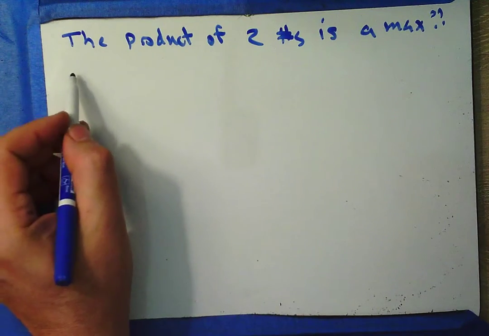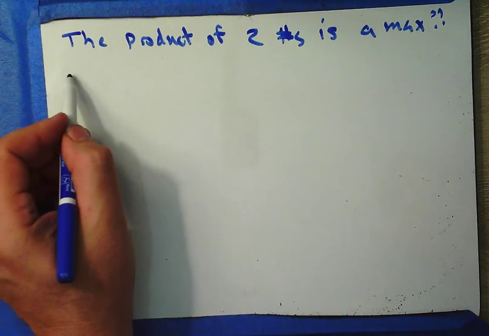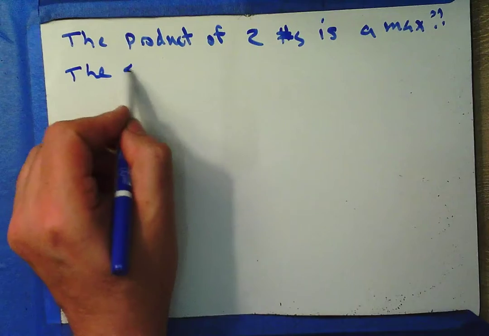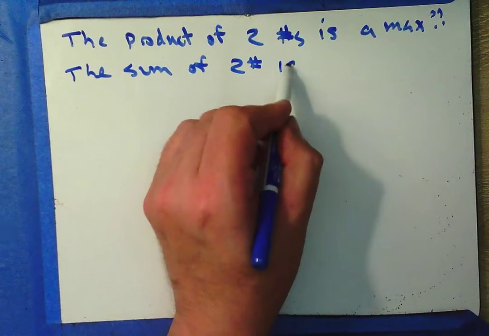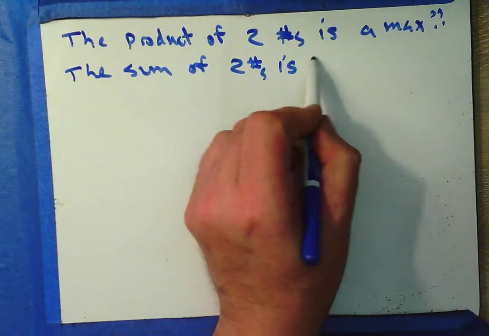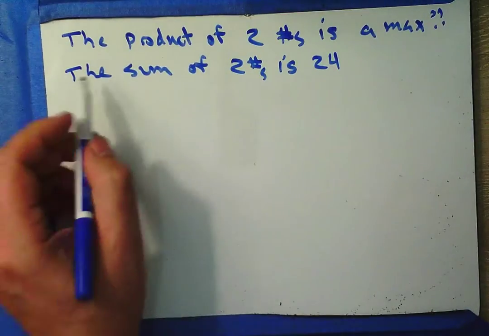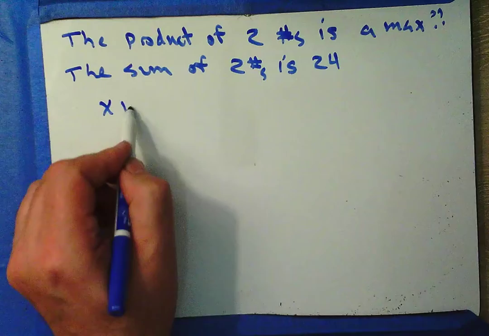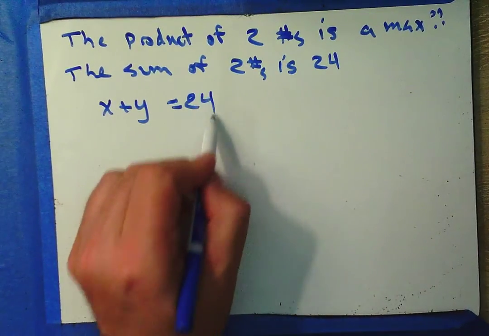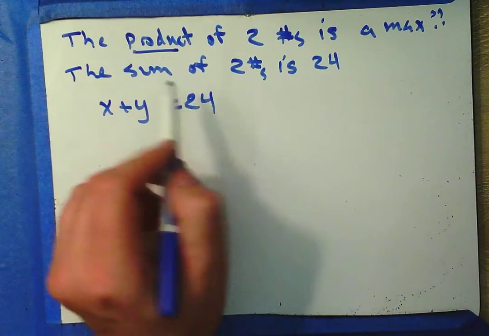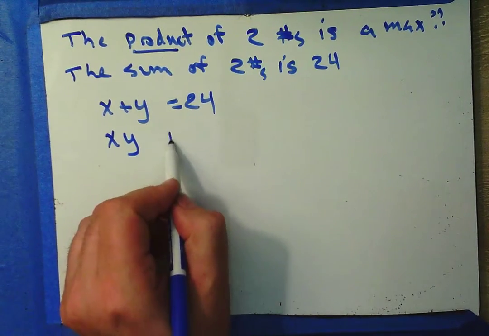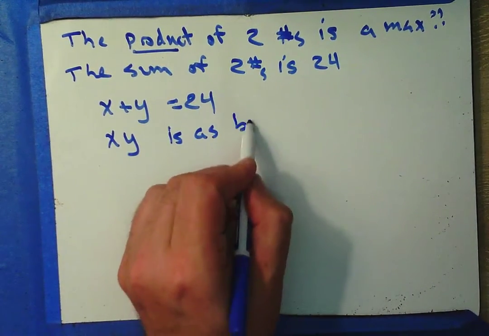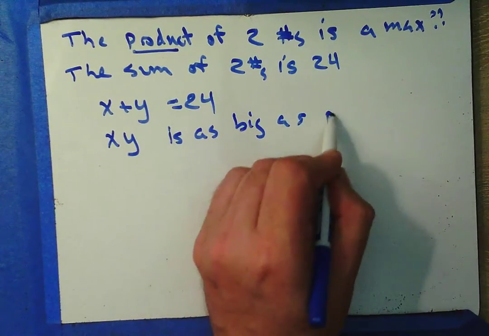But then they tell us in the specific homework question, the sum of these 2 numbers is 24. Okay, so the sum of 2 numbers is 24. x plus y equals 24. The product, remember product means multiply, so x times y is as big as possible.